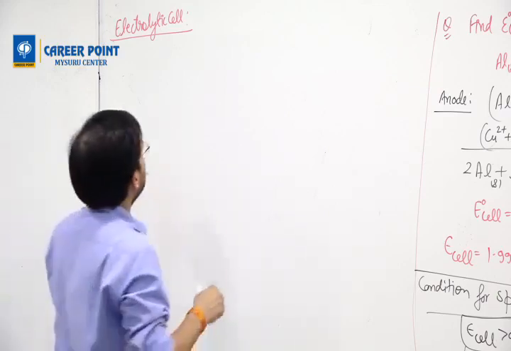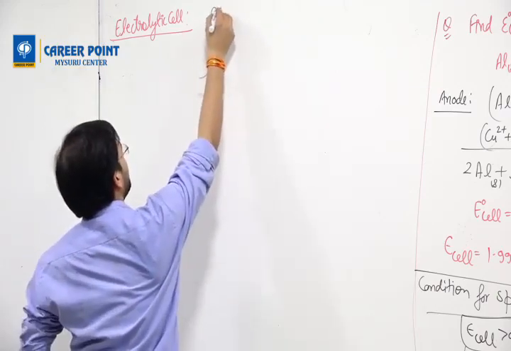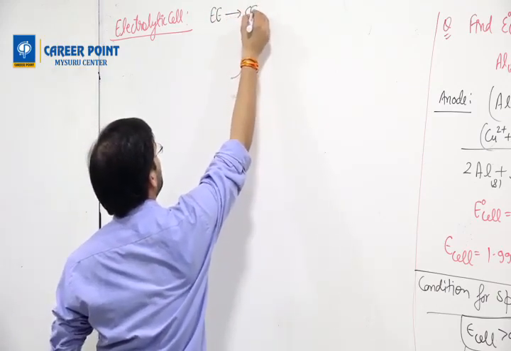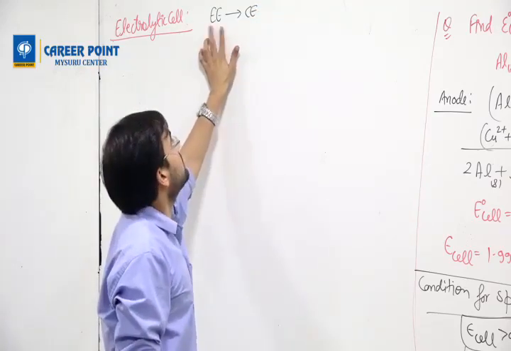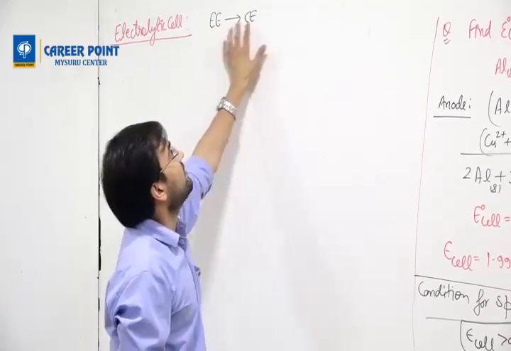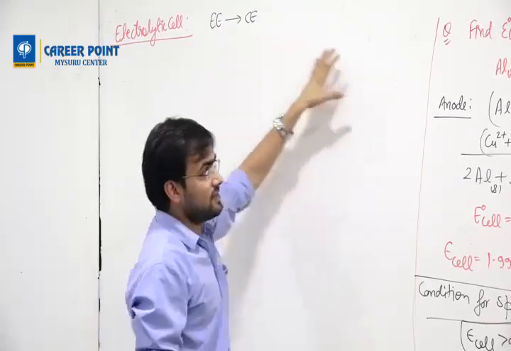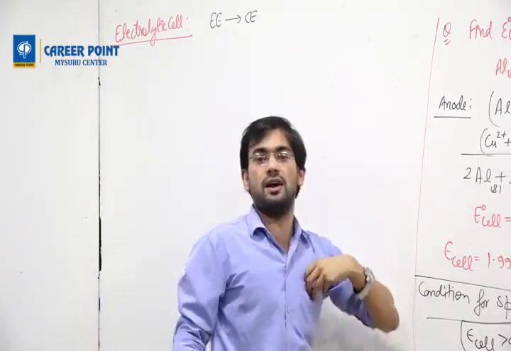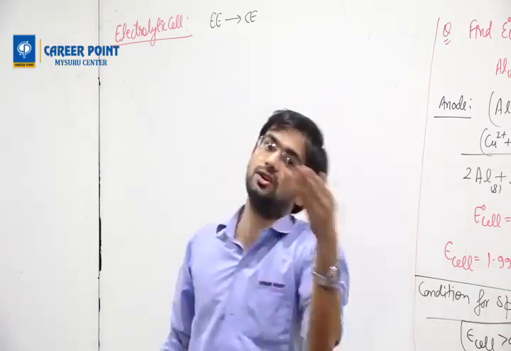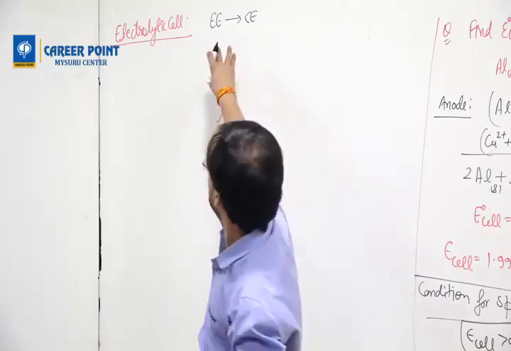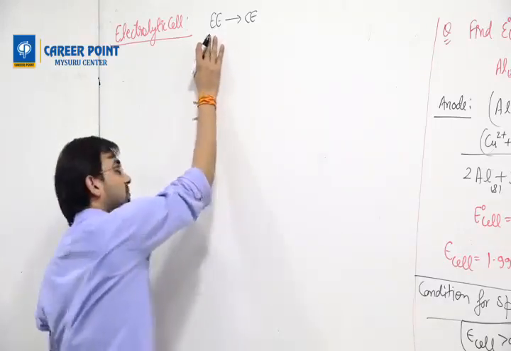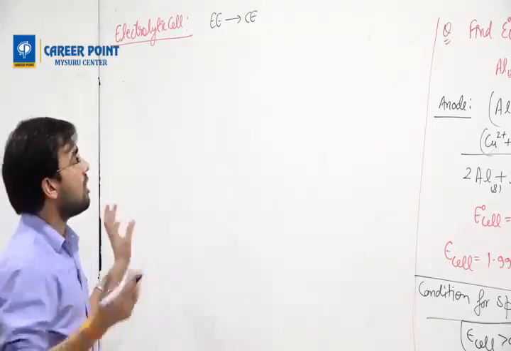Now what happens is in this cell we will have electrical energy which will convert into chemical energy. It means I am going to deal first with electricity, then only with chemical energy. Till now we were having chemical energy converting into electrical energy, with potential coming directly. But here you will have electrical energy first, so we need to do some rules of electrical energy.